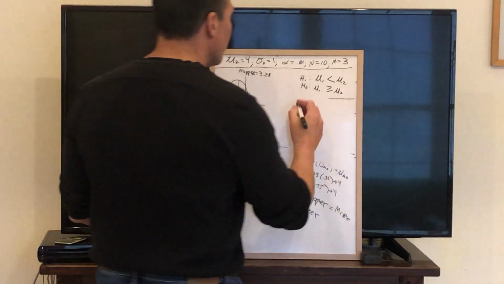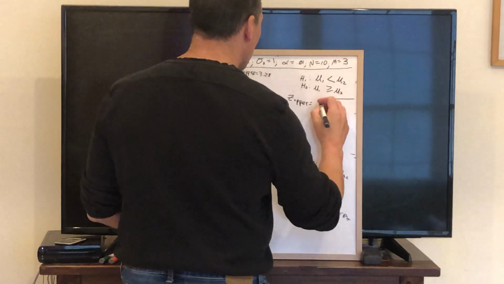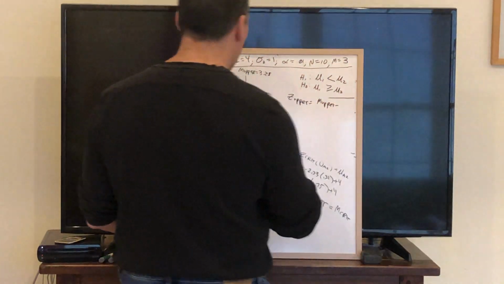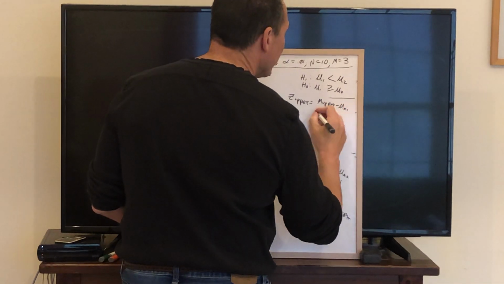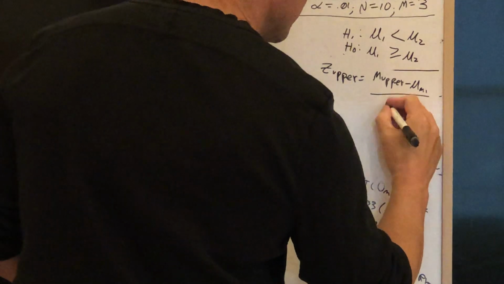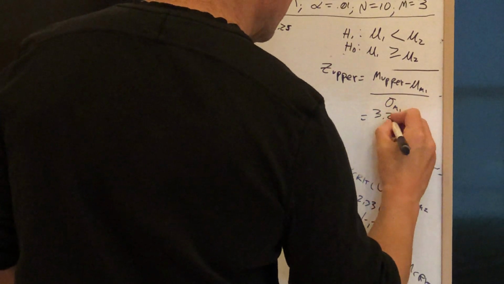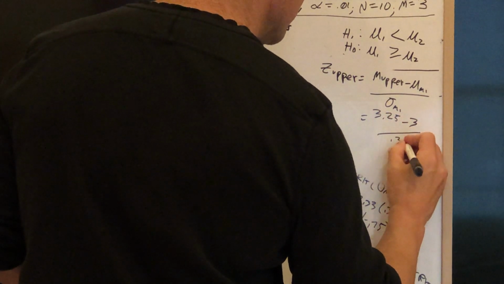So z upper equals m upper minus the mean of the upper distribution, mu sub m sub 1, divided by the standard deviation of the upper distribution, sigma sub m sub 1, which equals 3.25 minus 3 over 0.32.